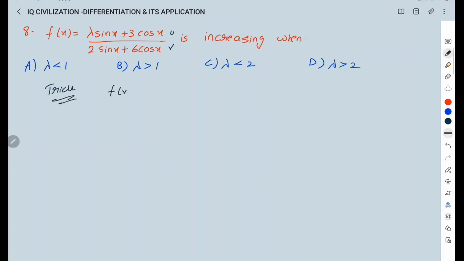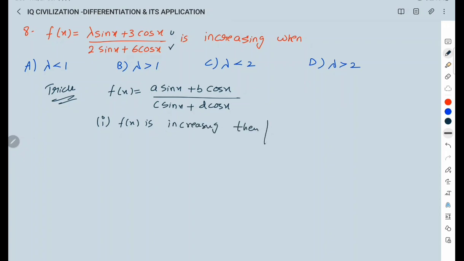If f of x is equal to a sin x plus b cos x by c sin x plus d cos x is given, and we need to find if f of x is increasing, then we need mod ABCD must be greater than 0.